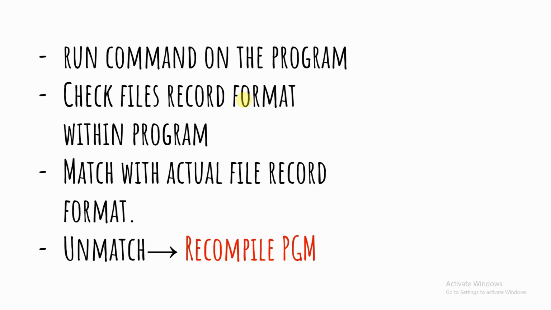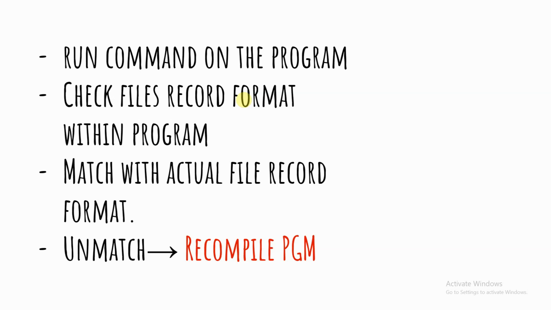Before recompiling the program, you must know that these two files, or three files, or these 50 files in the program have changed and we didn't recompile our program, so the changed record format level IDs of the files defined in our program must be updated in the program as well. Whenever you recompile the program, the updated record format ID will be saved within the program for those files, and now when you run the program you won't get the level check error.